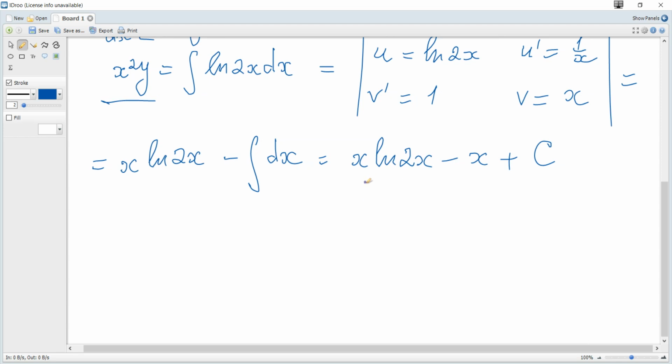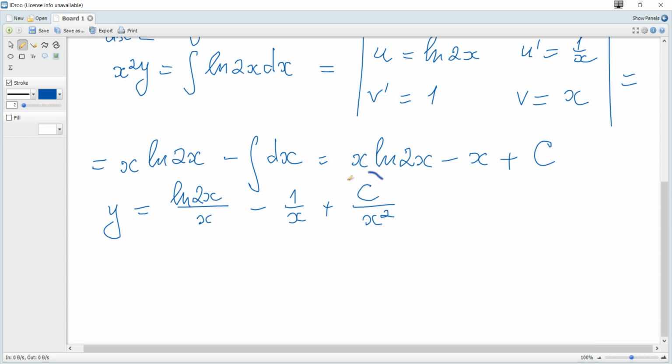We can find constant now, or solve for y and then find constant. So let's find y. Y is, we just divide each term by x squared, so it becomes x ln 2x over x squared, so it's ln 2x over x, minus x over x squared, it's 1 over x, plus constant over x squared.